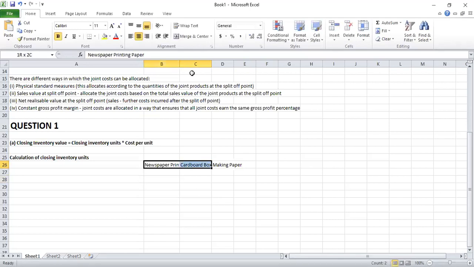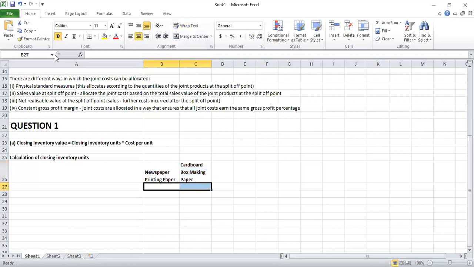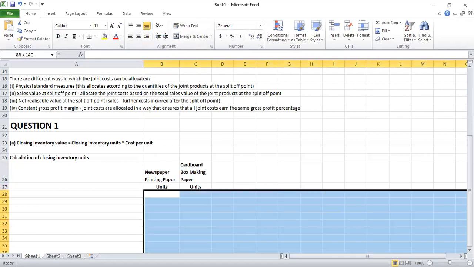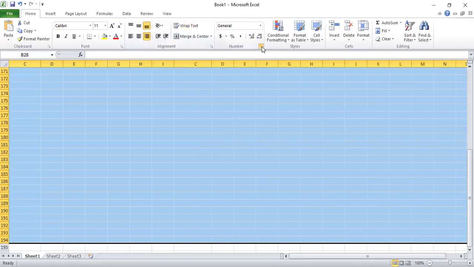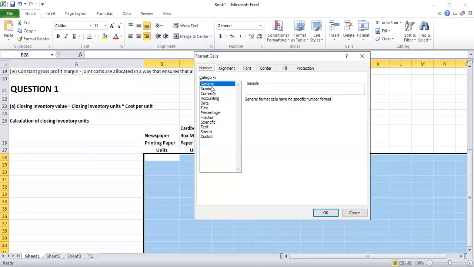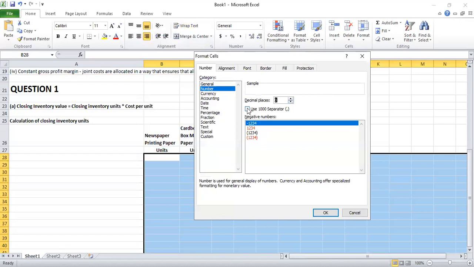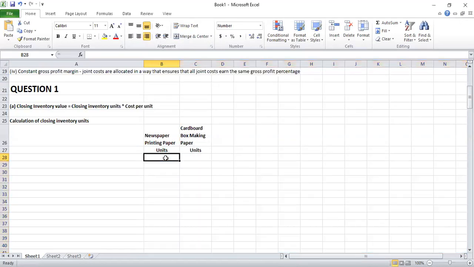These are our two products. And they are measured not in units, I think they are in tons. Sorry, this is tons.